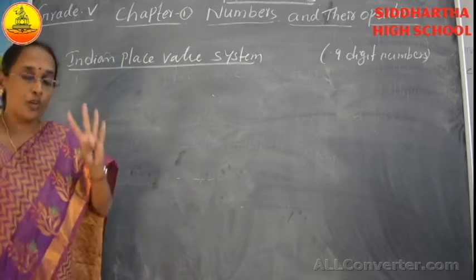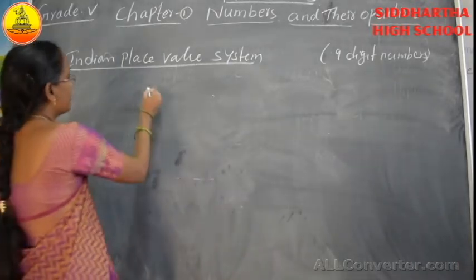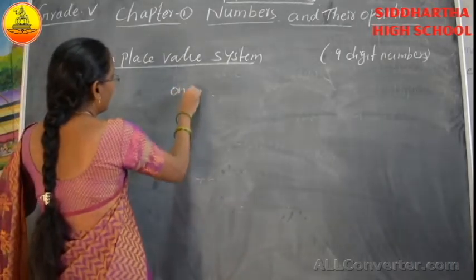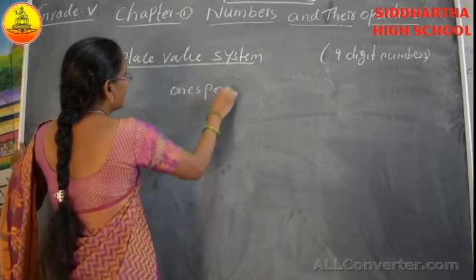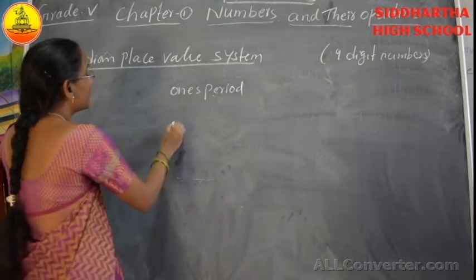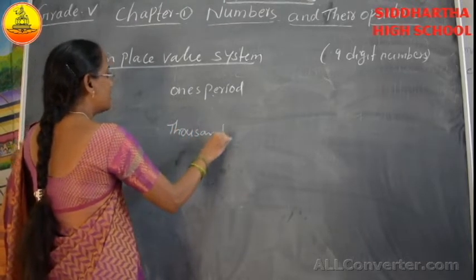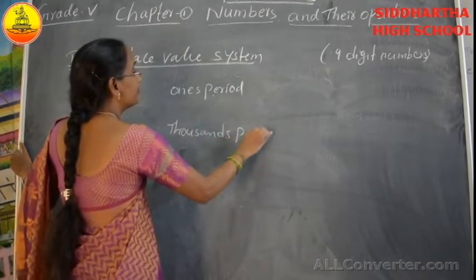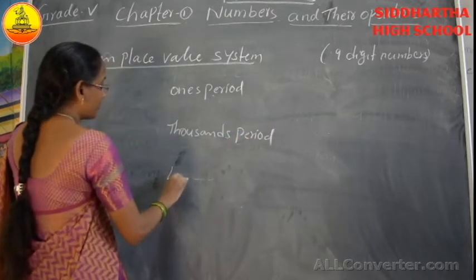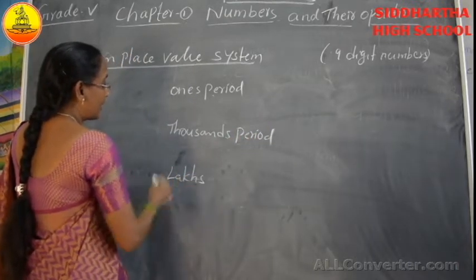How many periods? 4 periods. What are those? First period is ones period. Next one, thousands period. Next one, lakhs period.